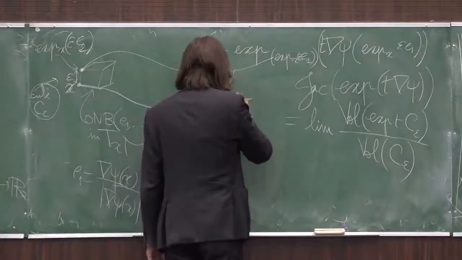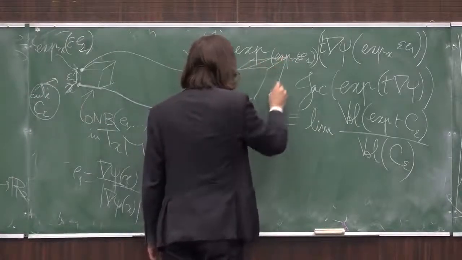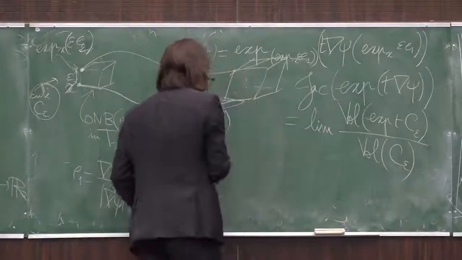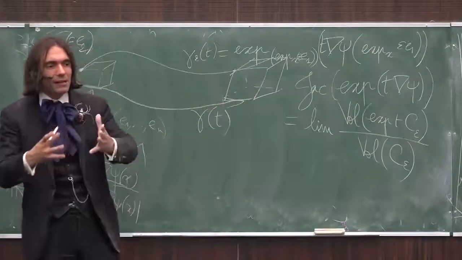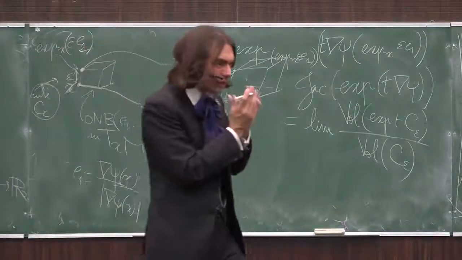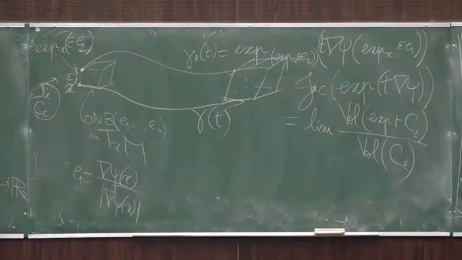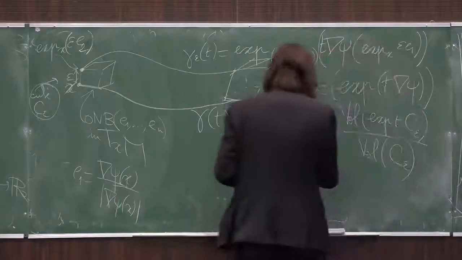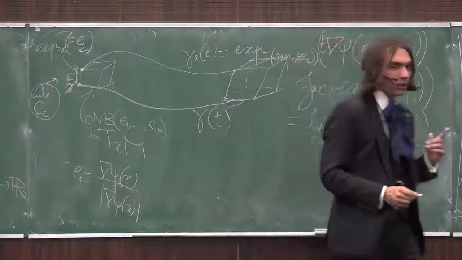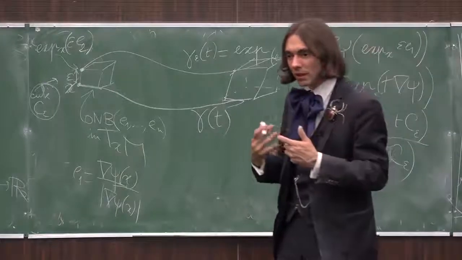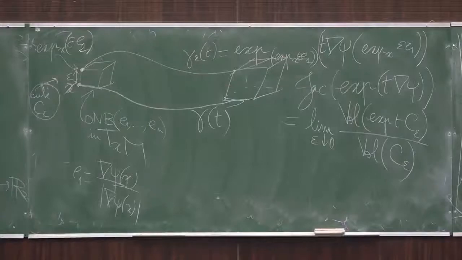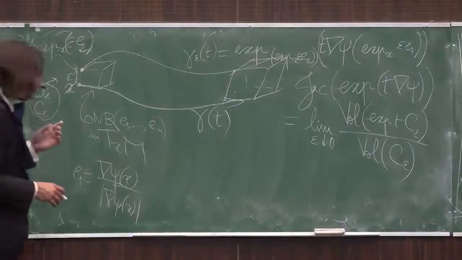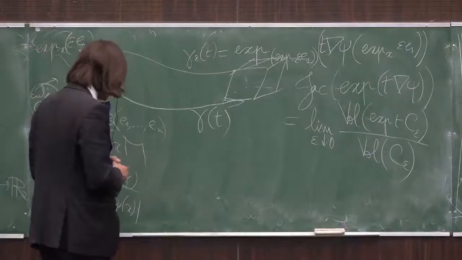And what you have here is a kind of distorted version of the cube. Distorted because in some directions it is expanded, in some other directions maybe it is compressed. Anyway, you have the little infinitesimal cube and its image, and the infinitesimal ratio of the volumes as epsilon goes to 0 gives you the Jacobian determinant. It's the interpretation of the Jacobian determinant as the infinitesimal ratio of the volumes. And so you want to compute this.